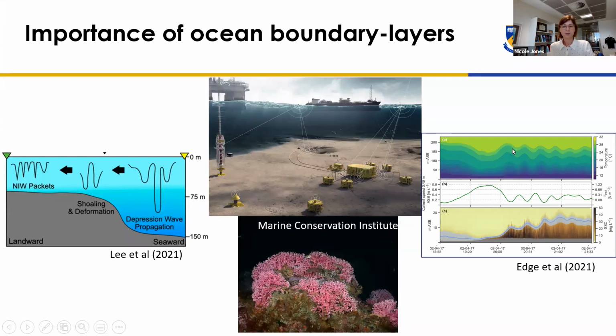And it's also important to other transport processes such as sediment resuspension and transport, which is shown in this figure here, where the brown part of this figure is showing you the suspended sediment concentration, in this case under one of these nonlinear internal waves.